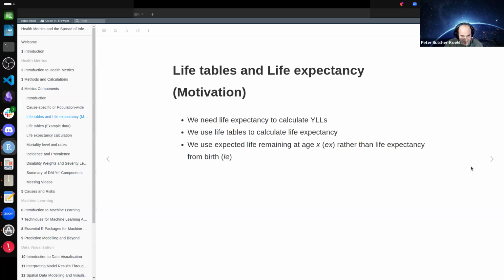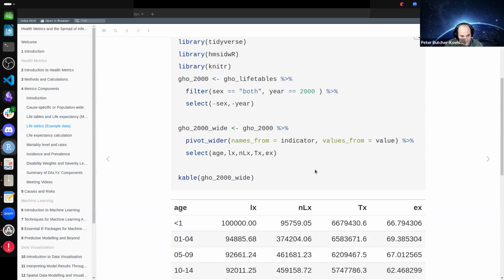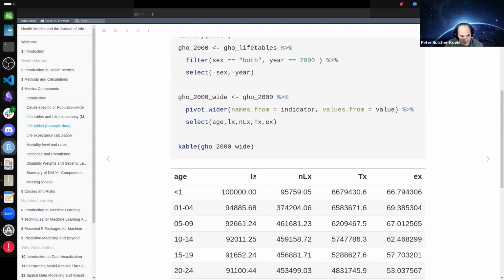And we can do that using these life tables. So for this slide, I have a sample of the data from the GHO life tables. I selected several columns to illustrate the calculations on the next slide. So you'll see I have age, lx, nLx, and capital Lx, Tx, and ex.